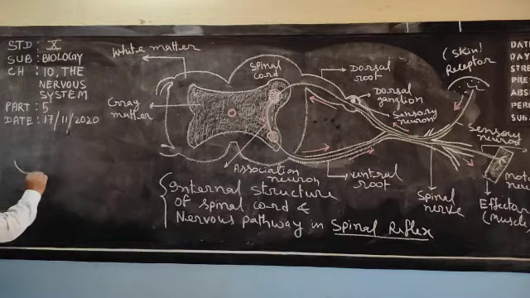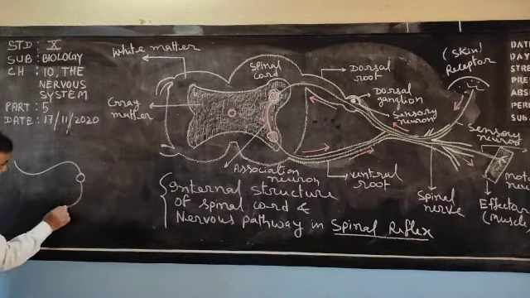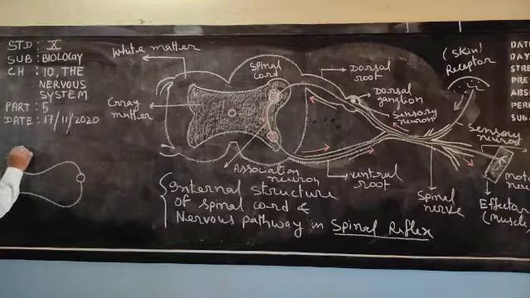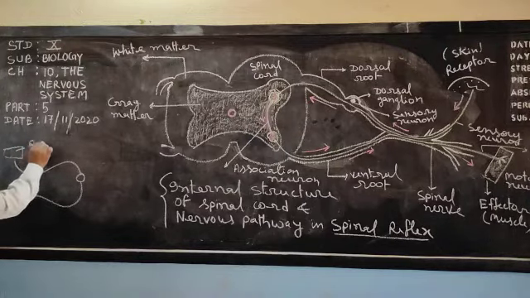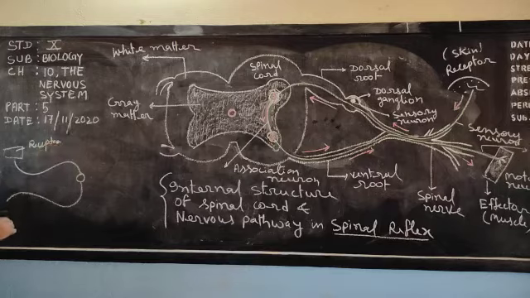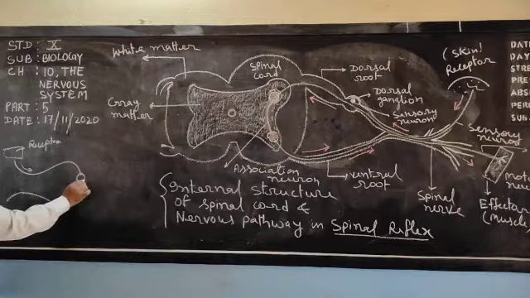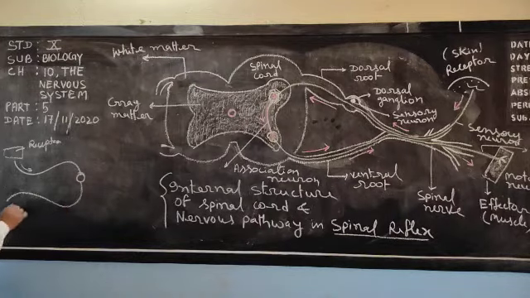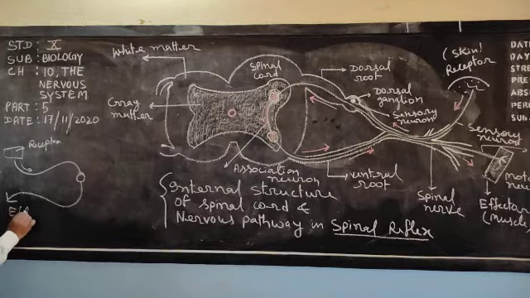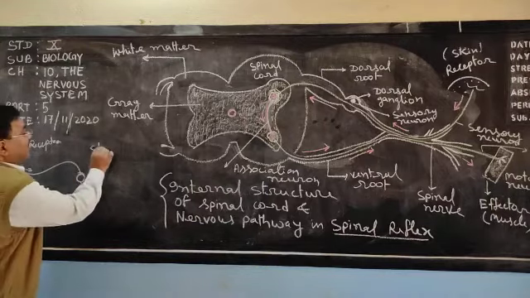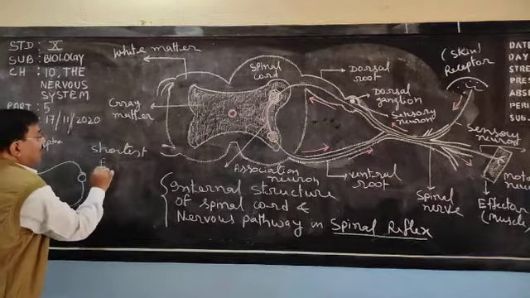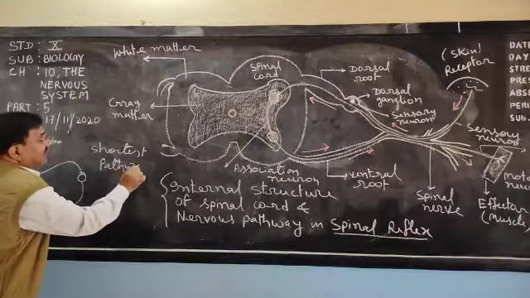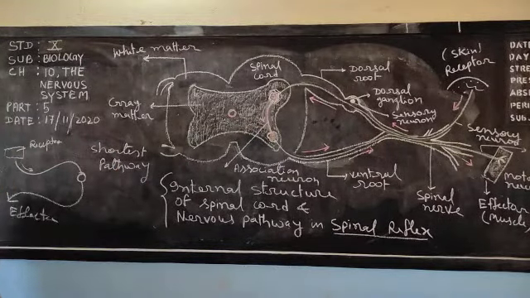Suppose, diagrammatically I am showing you. Here it is receptor, say skin, and skin receives the message, and by sensory neuron it is sending to the spinal cord, and by motor neuron it is coming back to the effector, and in this, the shortest pathway is followed, and this shortest pathway forms an arc.